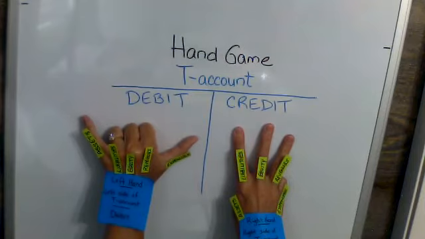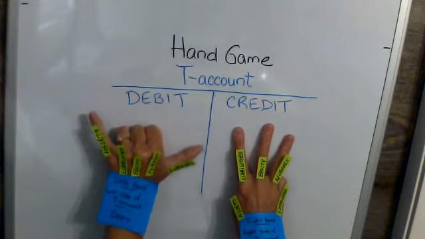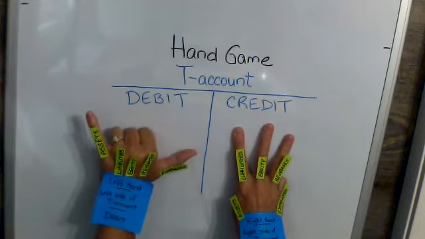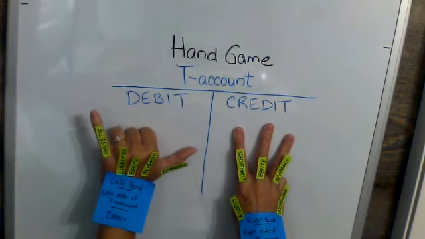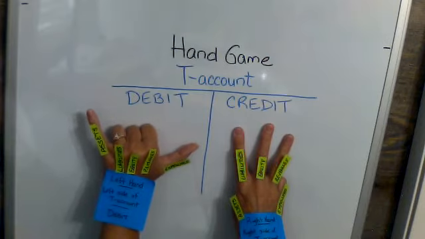So what this means is that if you make a debit entry in an asset account, because my baby finger on my left hand is pointing up, that means that debits increase assets. Because my ring finger on my left hand is pointing down, debits decrease liabilities.